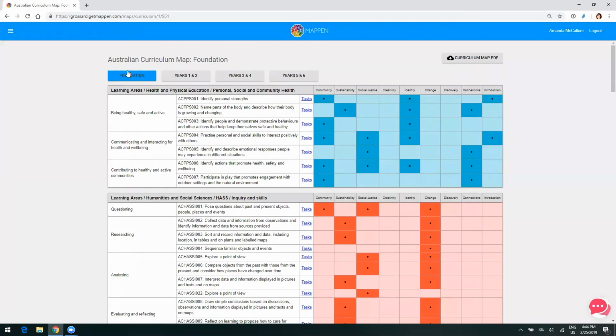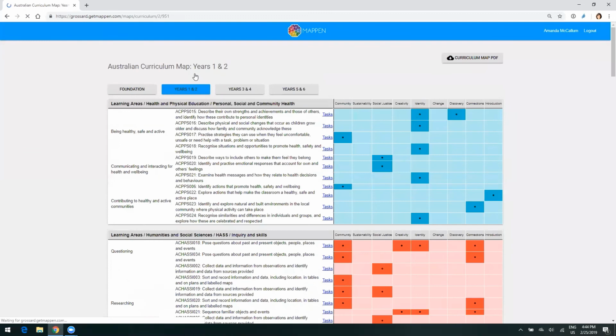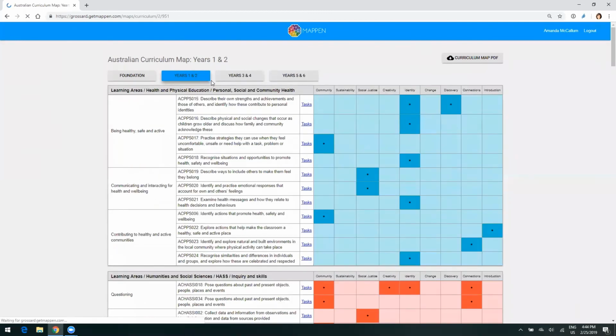I'm looking currently at the Foundation one. I can choose to go to any of the other levels by clicking on them. What this shows you is, for every learning area, and this is almost your confidence booster, where every single content description has been met.